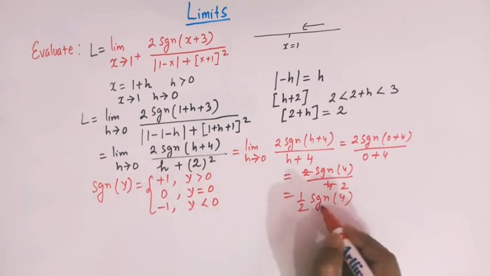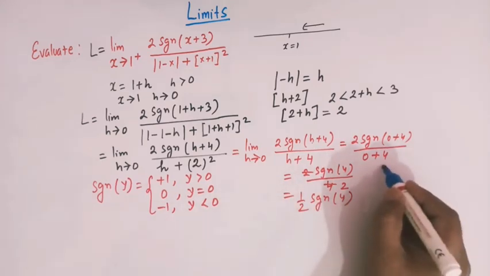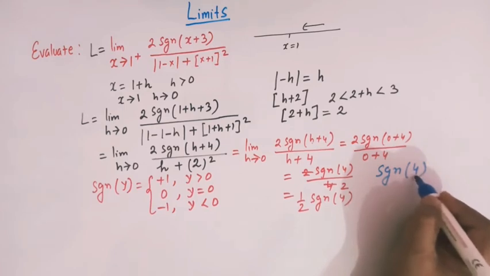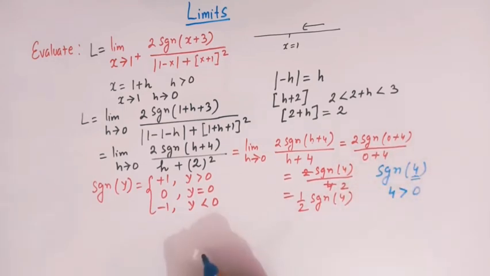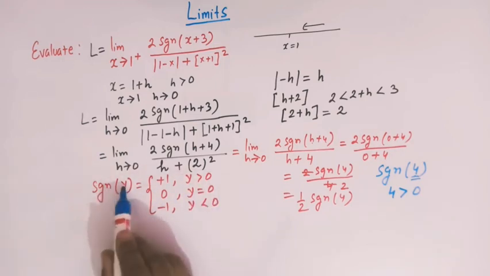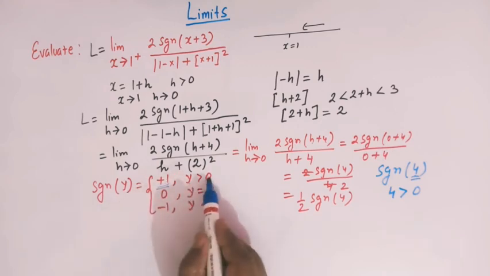So here we see that we have this expression, that is signum of 4, and we see that this 4 is greater than 0, right? And see the definition of signum function. Signum of y takes the value plus 1 whenever y is greater than 0.